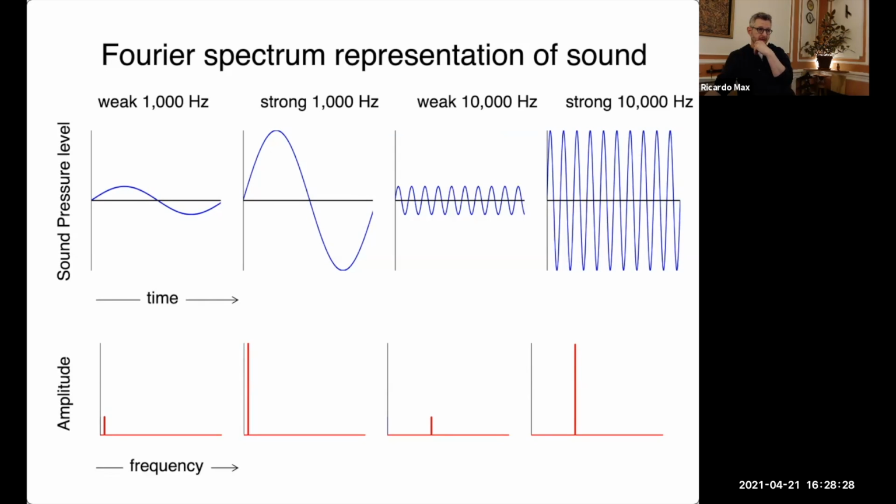This is one cycle of 100 hertz. This is 10,000 hertz. Yes, Harry, how much is 1 divided by 1,000 seconds? 1 millisecond, right? So this is all 1 millisecond depictions.